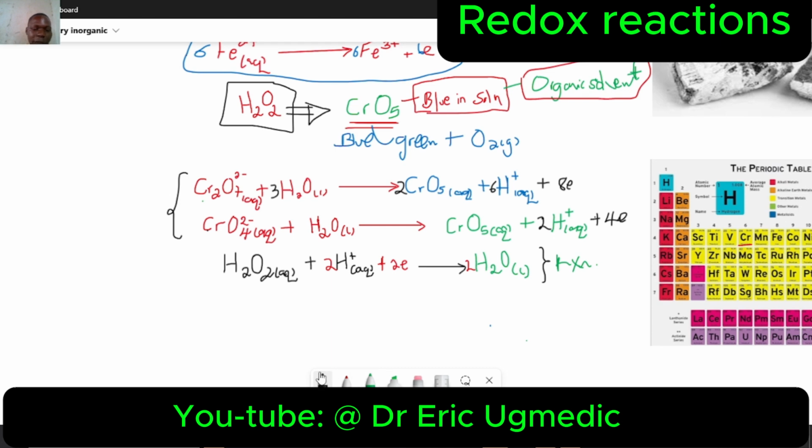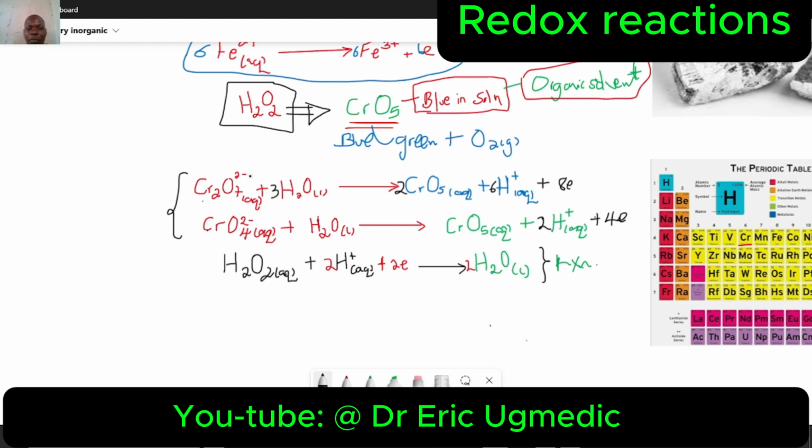So what will happen if it's reacting with the dichromate ions? Could be from potassium dichromate or sodium dichromate. You just get this equation and then add it to this. But before doing so, you need first make sure that the number of electrons are equal in both equations, and they must be on opposite sides.